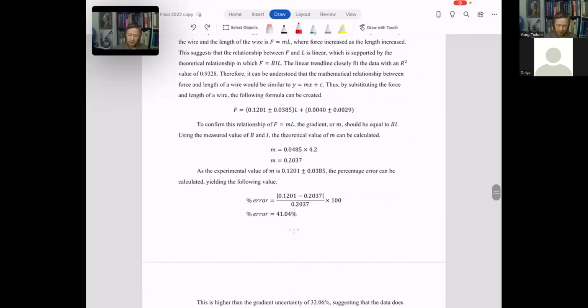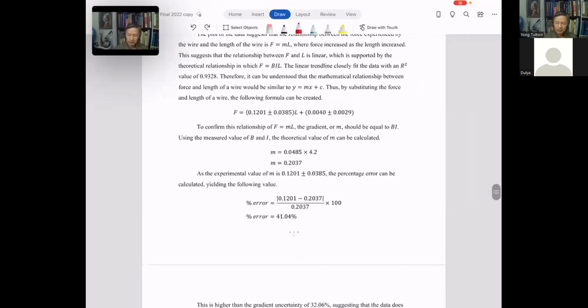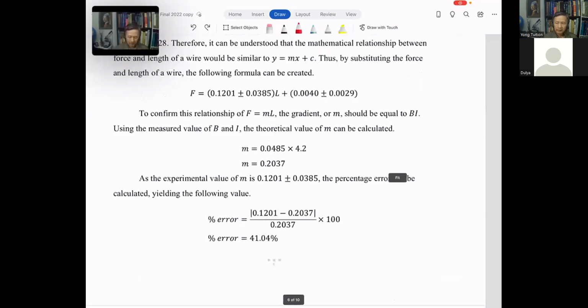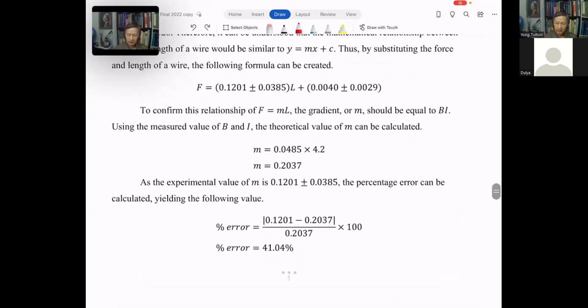Can you just multiply 0.485? I think the field is too strong, right? I use your calculator. Are you sure it is in M, not mini M?